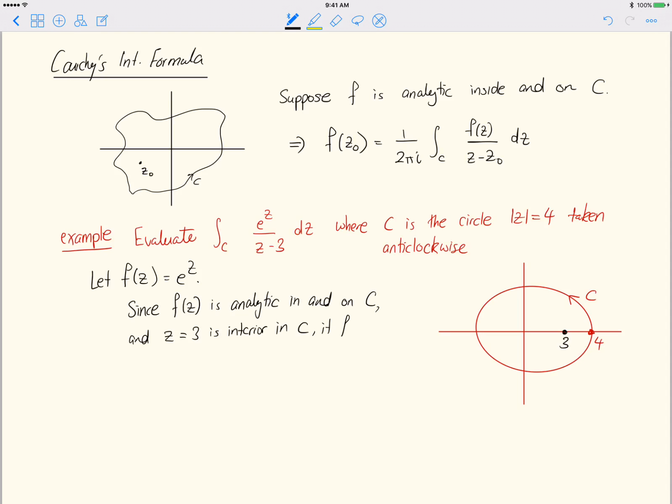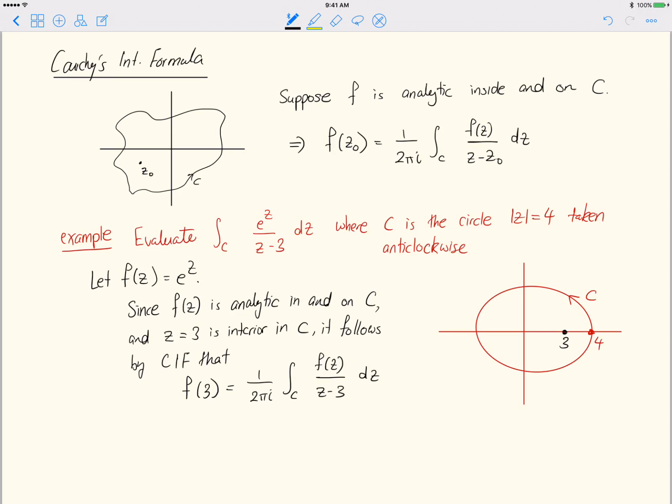Because those two conditions are satisfied, I can use Cauchy's integral formula. So it follows by Cauchy's integral formula, which you can write as CIF for short if you like, that f of 3 equals 1 on 2 pi i, the integral around C of f of z on z minus 3 dz.